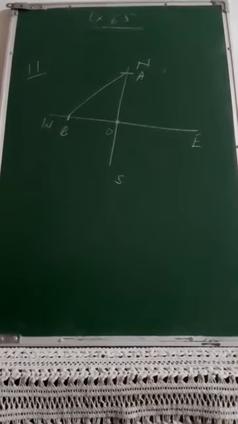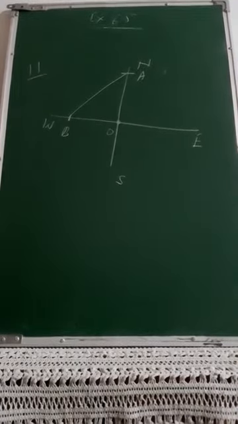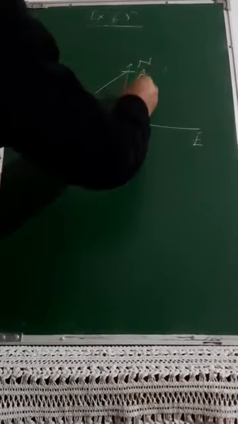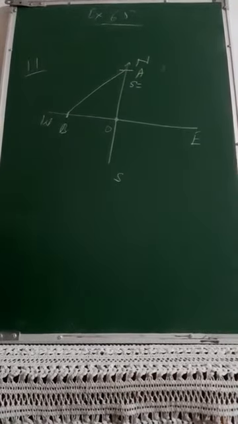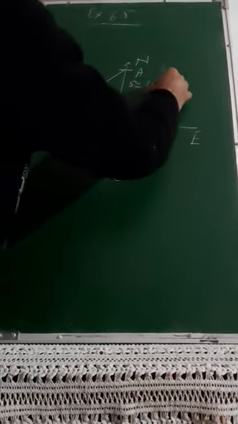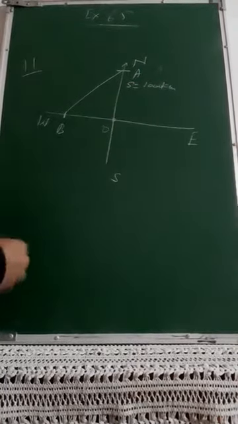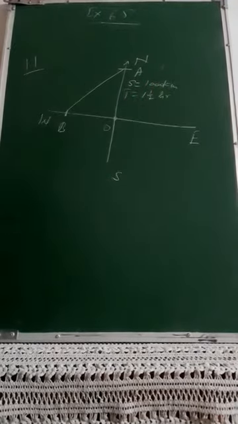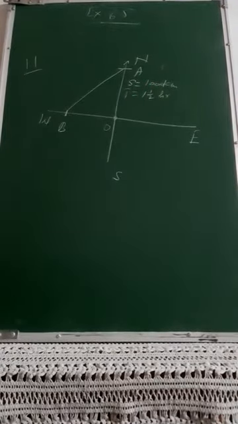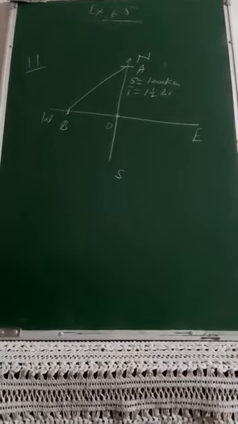When the plane is flying due north, that is in this direction, now speed is what? 1000 km per hour. Time taken is what? 1.5 hours. Here it is due west.